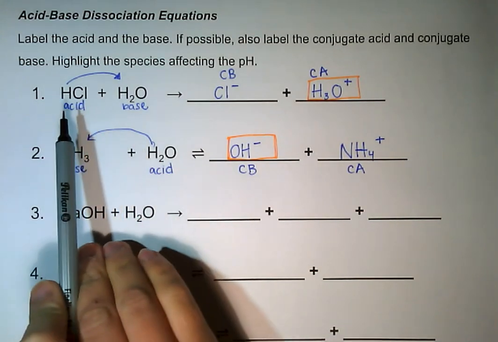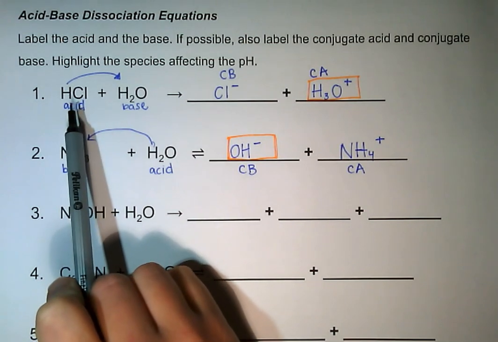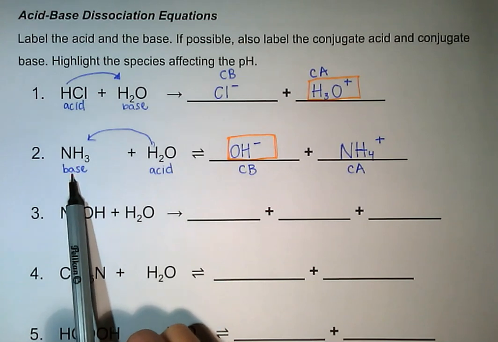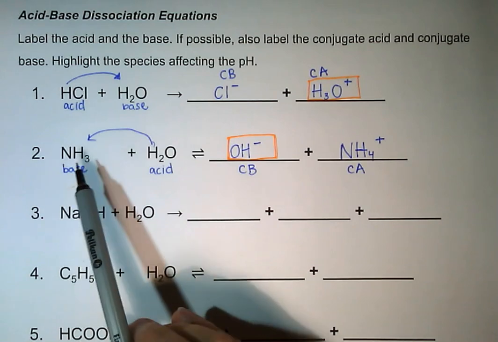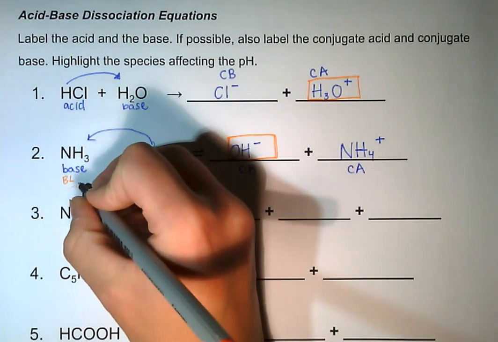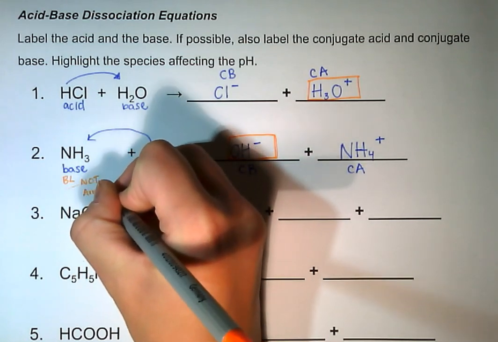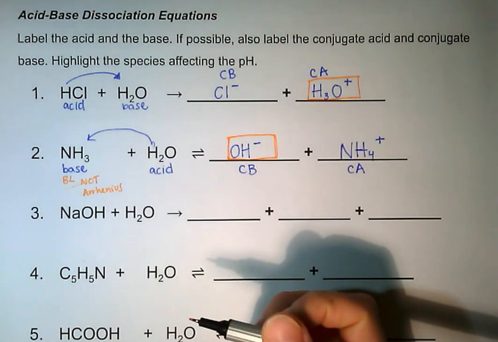And so while all Bronsted-Lowry acids are also Arrhenius acids, Bronsted-Lowry bases are often not Arrhenius bases. So this is a case where we have a Bronsted-Lowry base, but it is not an Arrhenius base. That's just something to note and remember here.